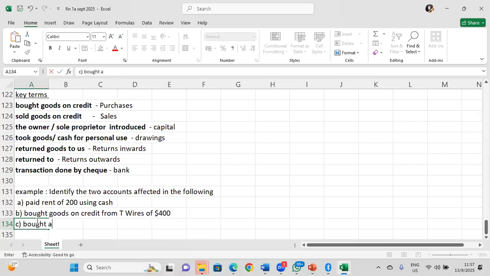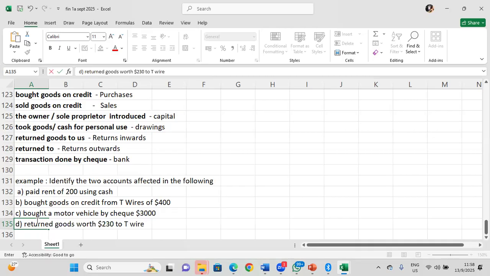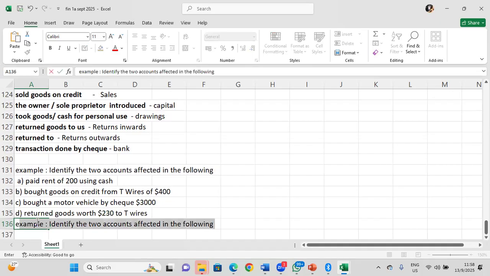C, bought a motor vehicle by check, 3,000. D, return the goods worth 240 to TYS.